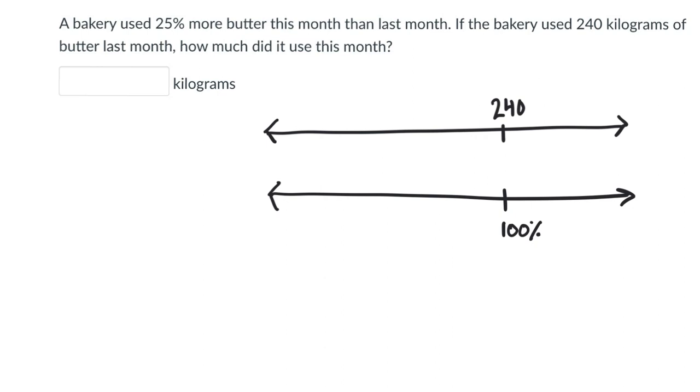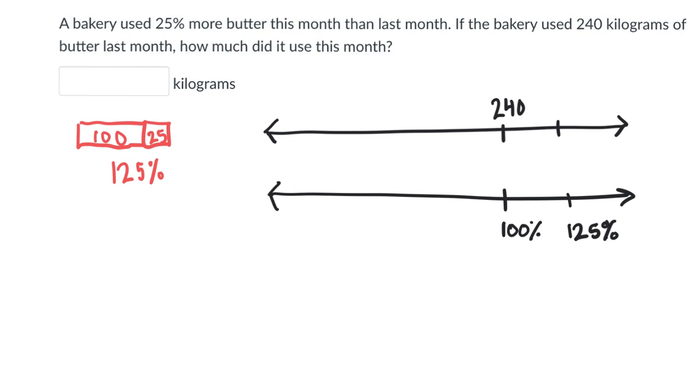Okay, now the bakery uses 25% more this month. So we're going to add 25% to that. That's 125%. So now on my number line, I'm going to put a 125%. So we know, and we can actually solve this problem without filling the whole number line out. And I'm going to do that now, and then we'll do the number line.